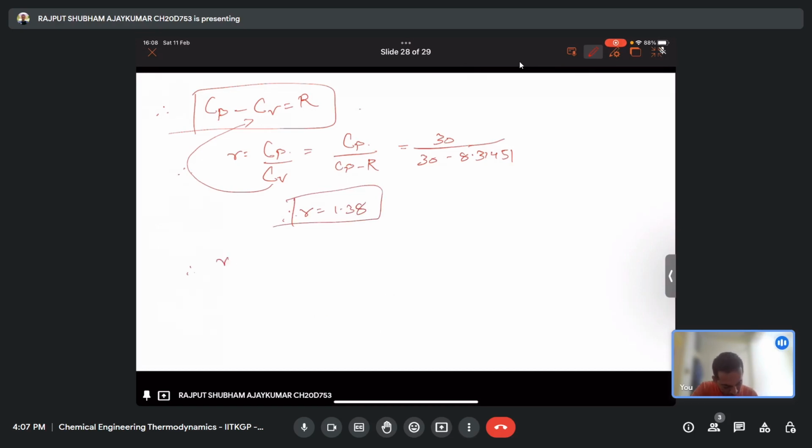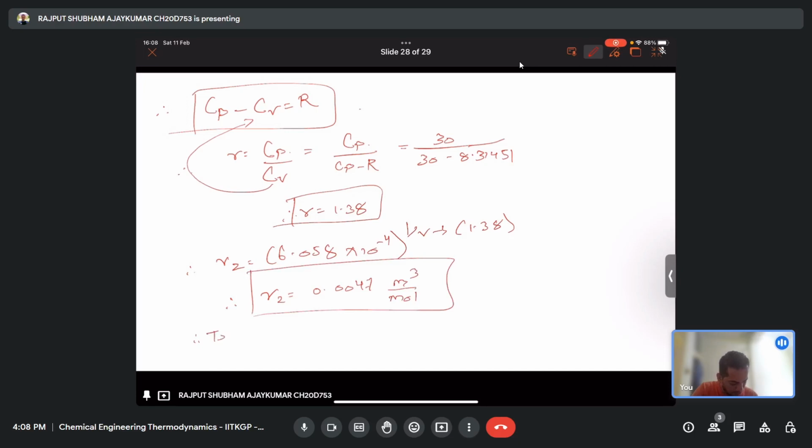Now we know V2 is 6.0 from the previous equation that I derived, and 1 by gamma turns out to be 1.38. Therefore V2, if you solve it out, comes out to be 0.0047 meter cube per mole.